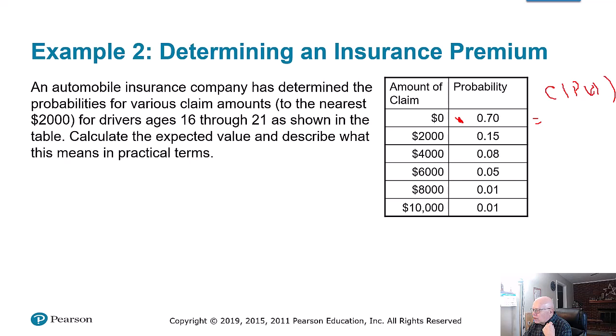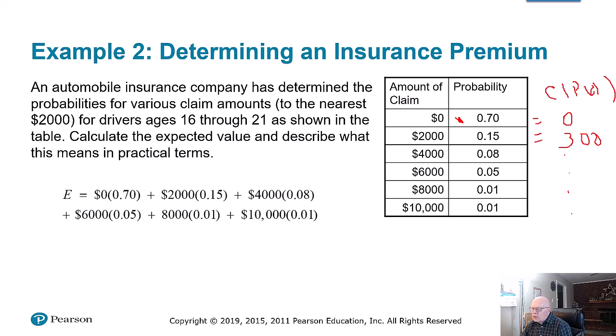So for this first one, 0 times 0.70, that's simple, 0. For the second one, 2,000 times 0.15, which would be 300, I believe, and so on down the line.